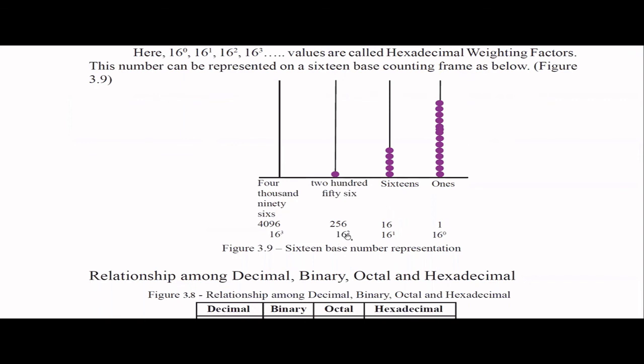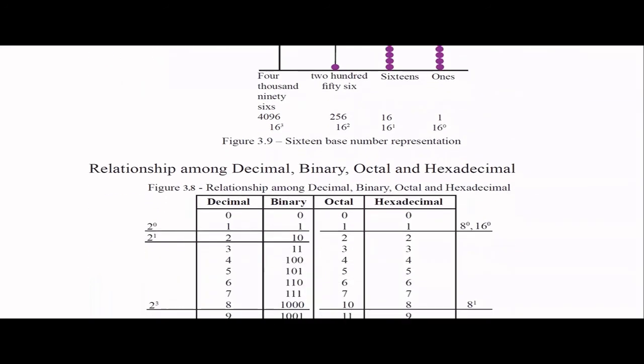Here 16 to the power 2, so 16 into 16 is 256. There's only one ball, 1 into that value. This column is 16 into 16 into 16. Understood? Make it very clear.